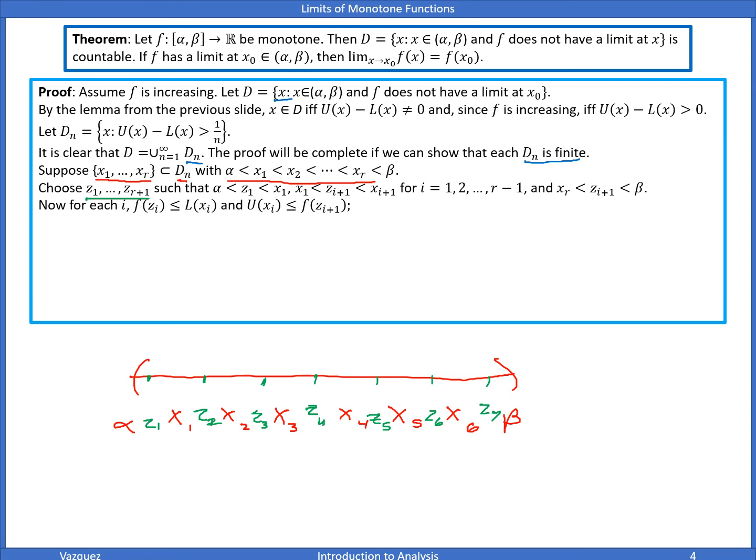Now, for each f of z1, actually I should keep my colors consistent. F of z1, or in this case, f of zi, is less than or equal to L of xi. And why? Well, because remember, z1 is to the left of x1.